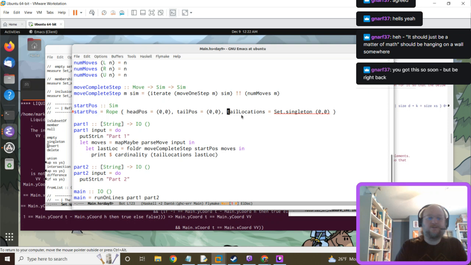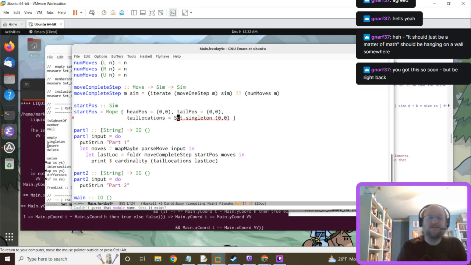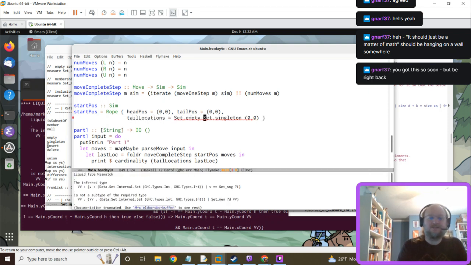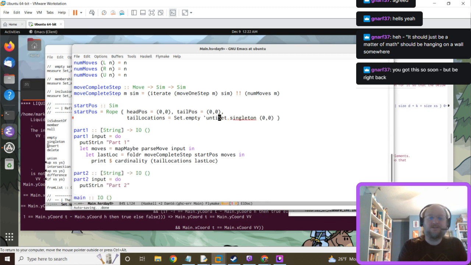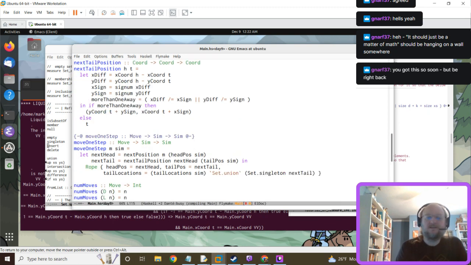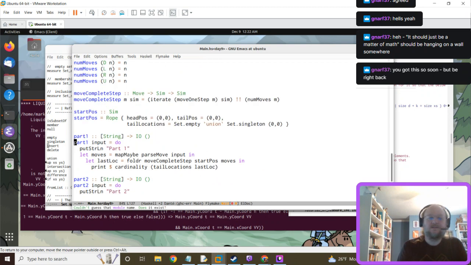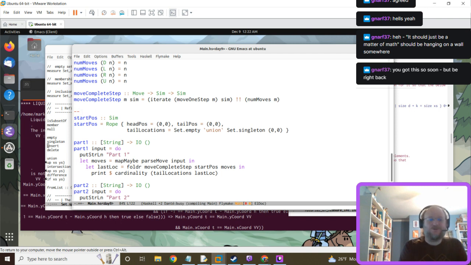So what if we make this set.empty union? Wow. All right, that's getting reported as a bug too.